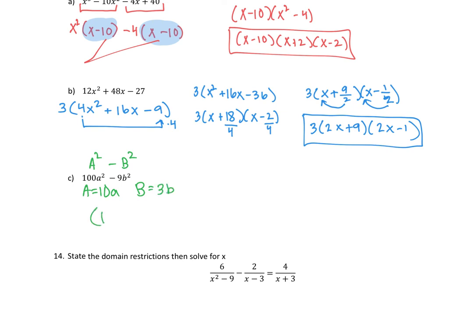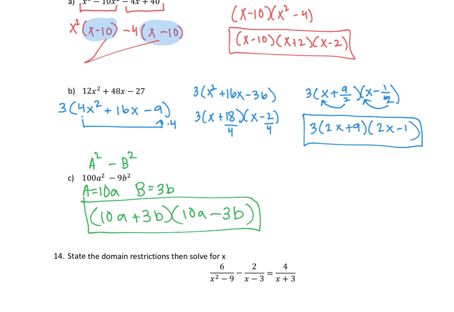So we have 10a plus 3b and 10a minus 3b. And that is factored. You do want to make sure that each one of your factors is prime. If one of the factors could be factored even further, make sure to do that.